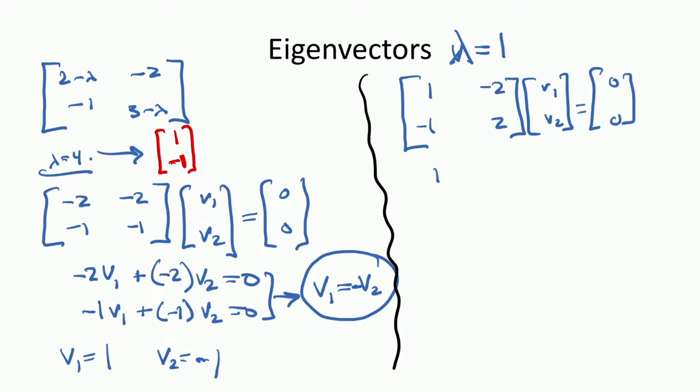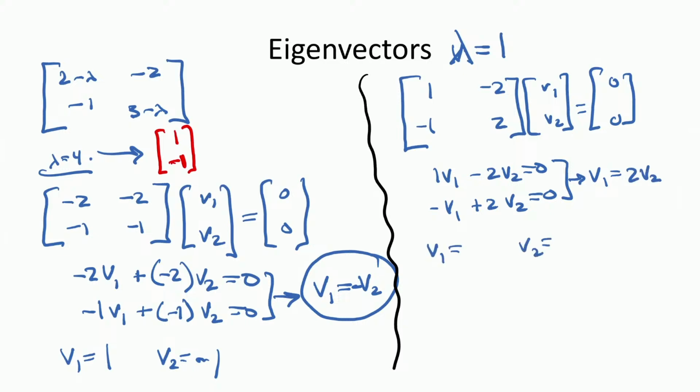So let me set this up. V1 minus 2 V2. And of course, this should be exactly the same equation if you've done your job right. But however it shakes out, we're going to solve this. Those are the same equations. Specifically, V1 is equal to 2V2. So let's pick numbers for V1 and V2. Mariah, do you have a favorite number you want to use for one of these?